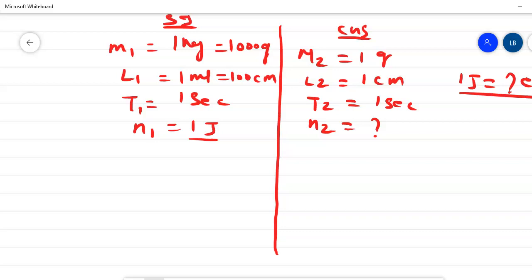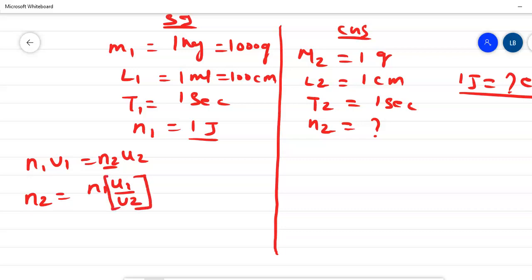I will apply the formula N1 U1 equal to N2 U2. That means I have to find out N2. N2 will be N1 U1 by U2. N1 is 1 here, so 1 into U1 by U2.